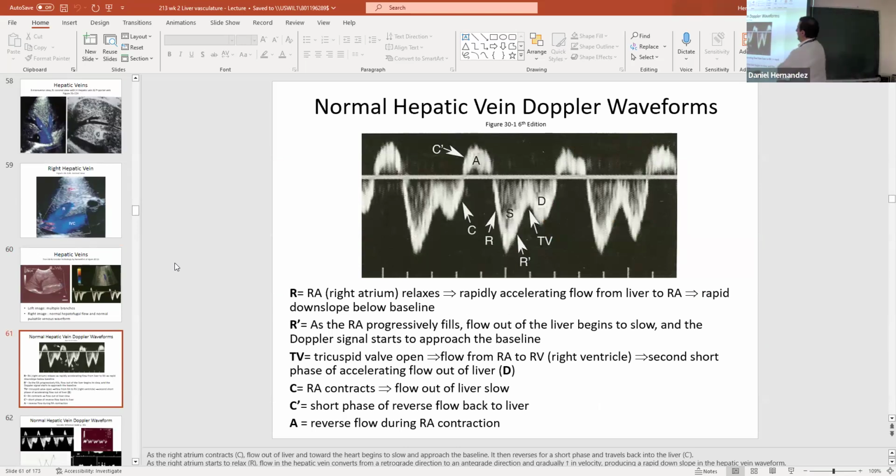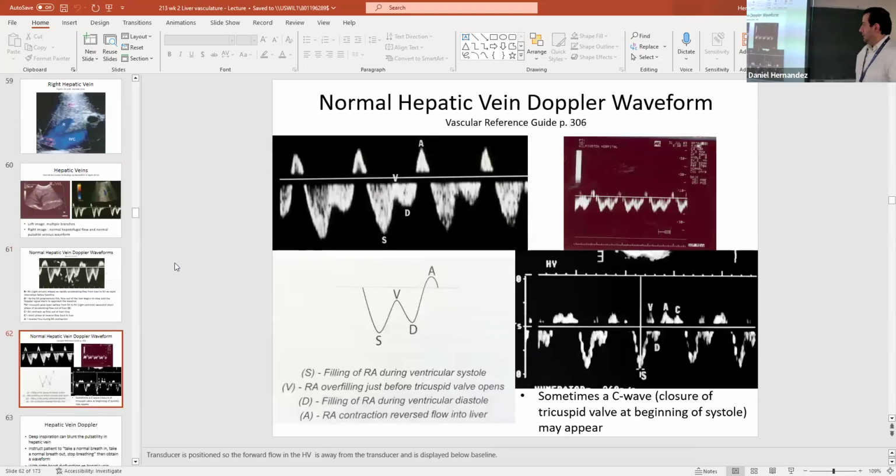This is a normal hepatic vein Doppler waveform with your systole, diastole, and then the atrial contraction seen above the baseline. So it is kind of like a triphasic waveform, and sometimes you'll see it described as triphasic in the literature. Again, normal hepatic Doppler waveforms. We're trying to get those W's.